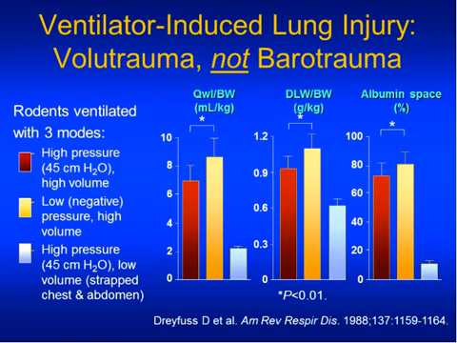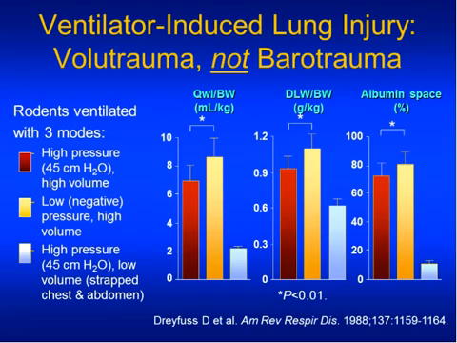So, short-term experiment, acute lung injury. It's similar groups. The red columns show animals that were exposed to high positive pressure of 45 centimeters, resulting in large tidal volume. In light blue are animals who are exposed to high pressure, but limited tidal volume because of a tight elastic bandage around the chest and abdomen.